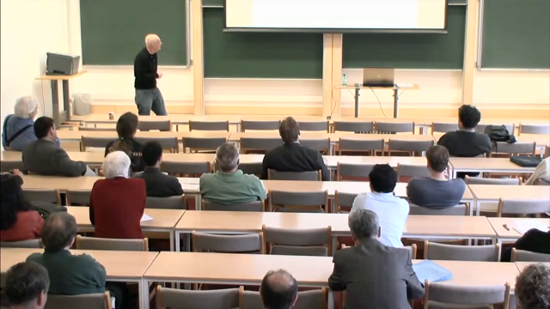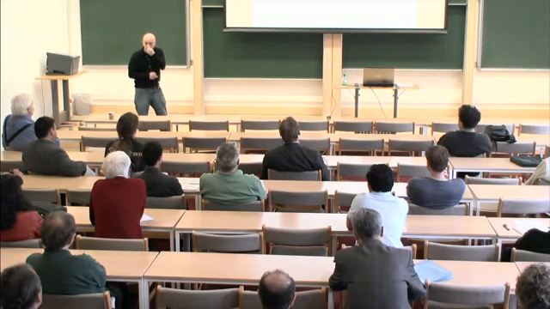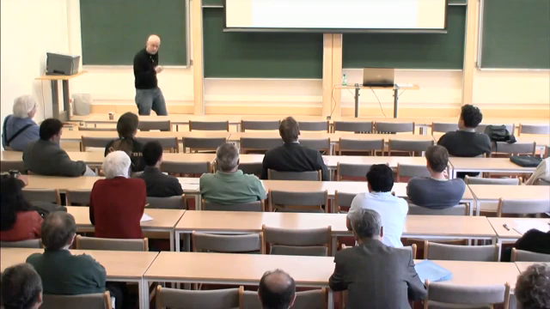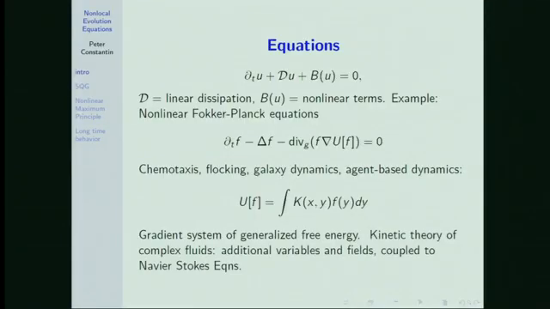So it's a gradient system, if written just like so, of a generalized free energy. So there is a free energy somewhere, and this is the gradient system. We're not going to talk about this, but I just wanted to show another form of non-locality.